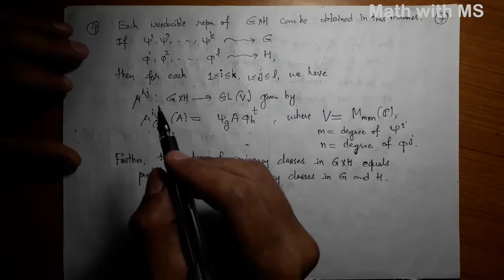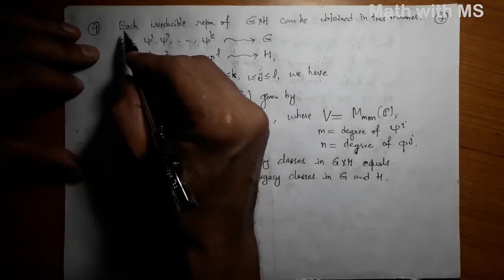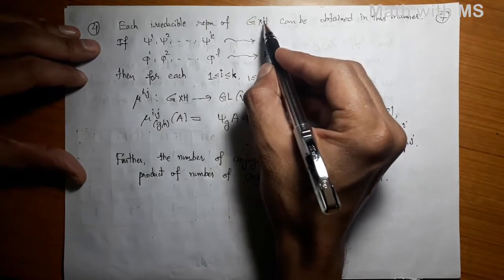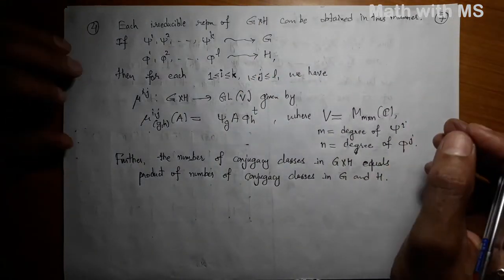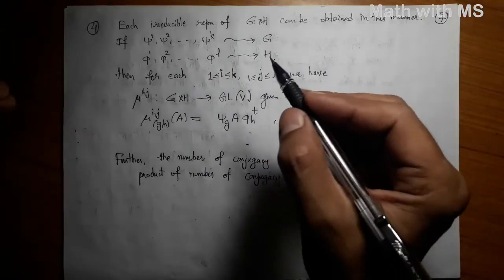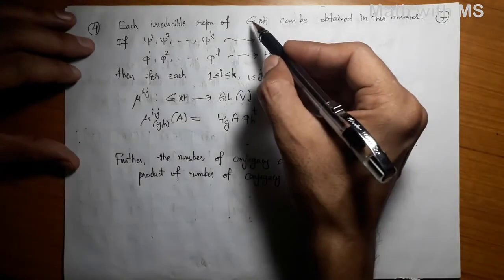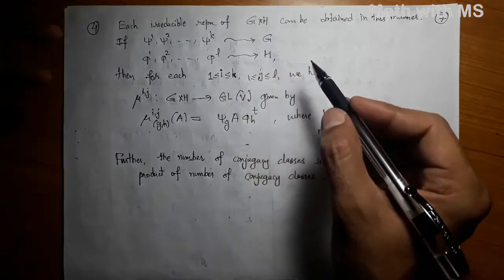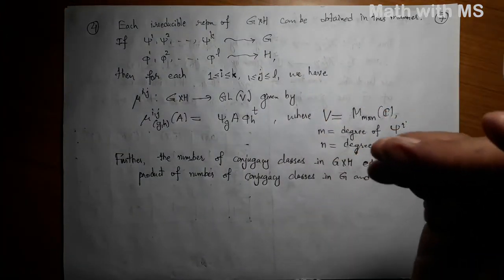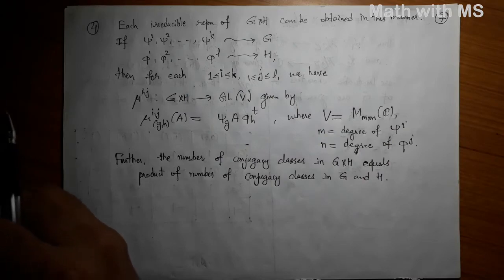Let me make one more claim. Each irreducible representation of the product group G cross H can be obtained in this manner. What does that mean? That means if I take any irreducible representation of G cross H, then it comes from an irreducible representation of G and an irreducible representation of H. Let's see why that is the case.